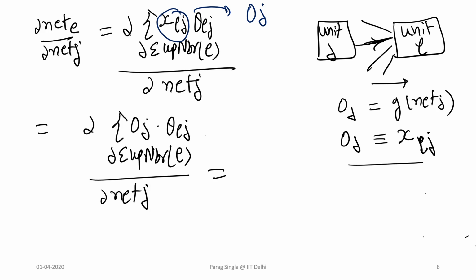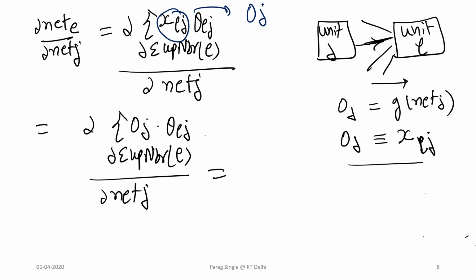Now, what quantities in this sum depend on net J? Clearly, the only quantity which depends on net J is corresponding to unit J. All other units in the previous layer, previous to unit L, are unaffected.